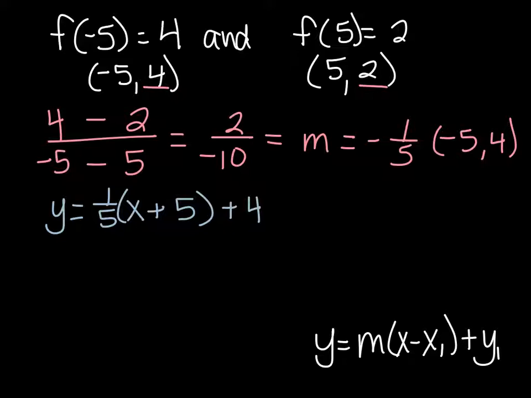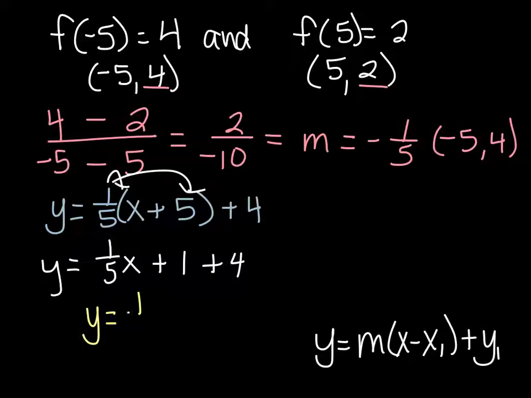Let's distribute. -1/5 x plus 1, bring down the 4. And my final answer here is y equals -1/5 x plus 5.